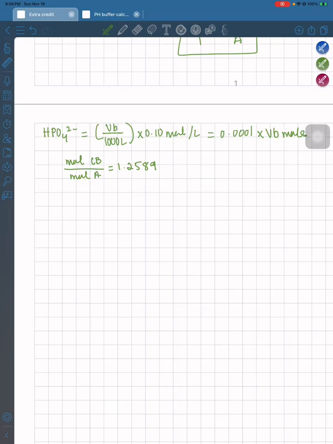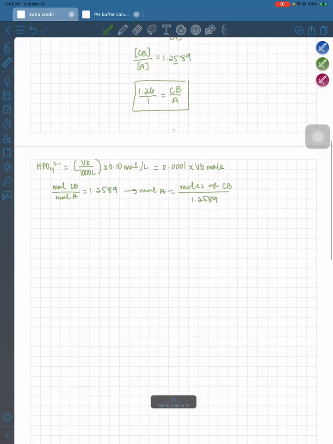We can just go ahead and rearrange this so we can solve for the moles of acid, and when we do that, our moles of acid is equal to moles of our conjugate base over 1.2589. And as you can see, we already know that the moles of our conjugate base is this equation up here. So we just related these two together, and we also now can use substitution to solve for each one.